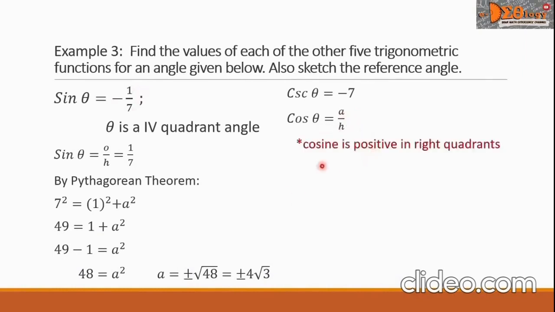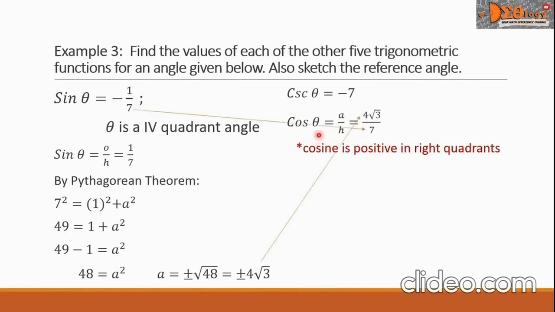We know that cosine is positive in right quadrants. This 4th quadrant is a right quadrant, so cosine is positive. Substituting the values, we have a as 4 square root of 3 over the h is 7. So this is our answer for the cosine.